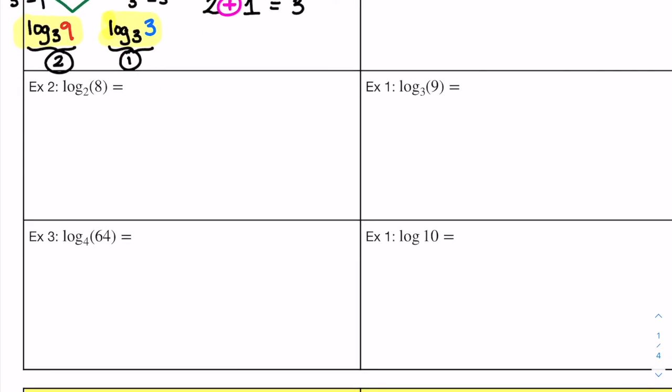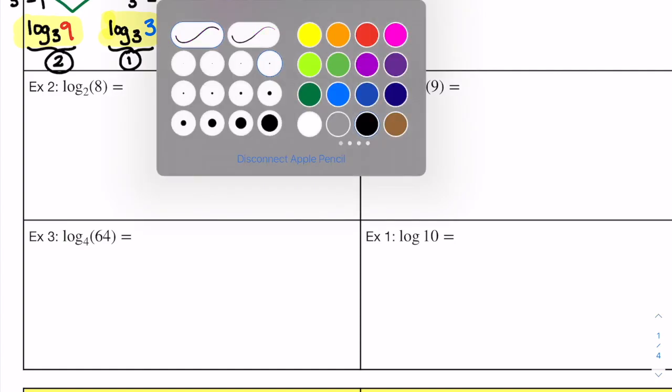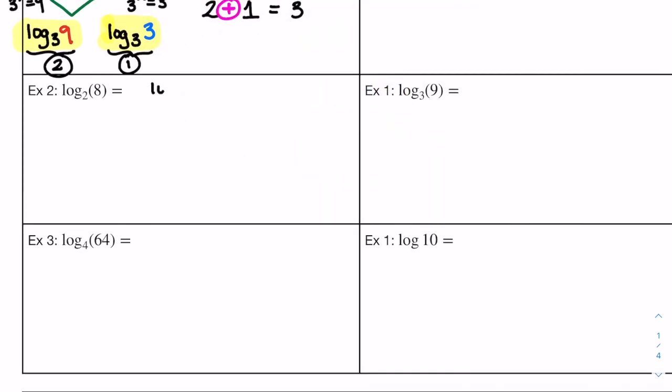Okay, we'll do one more example. Let's say we had log base 2 of 8. Again, this is a log that you should be able to solve pretty easily. This is pretty much asking, 2 to what power is 8? And if you know your exponents well enough, you'll see very quickly that the exponent you want is 3.